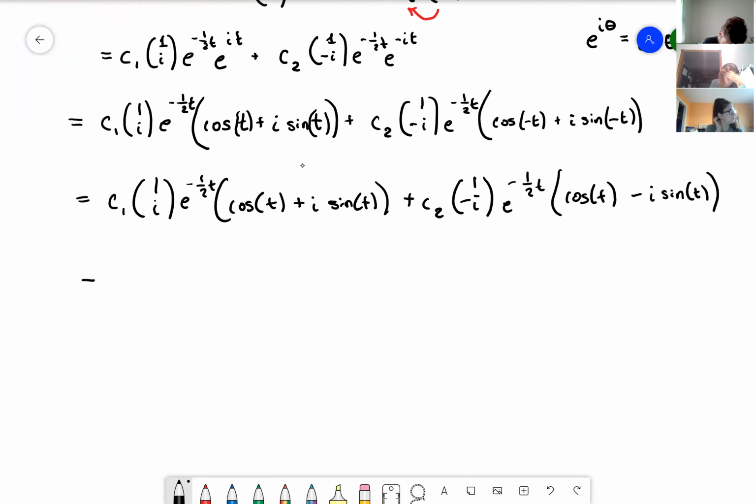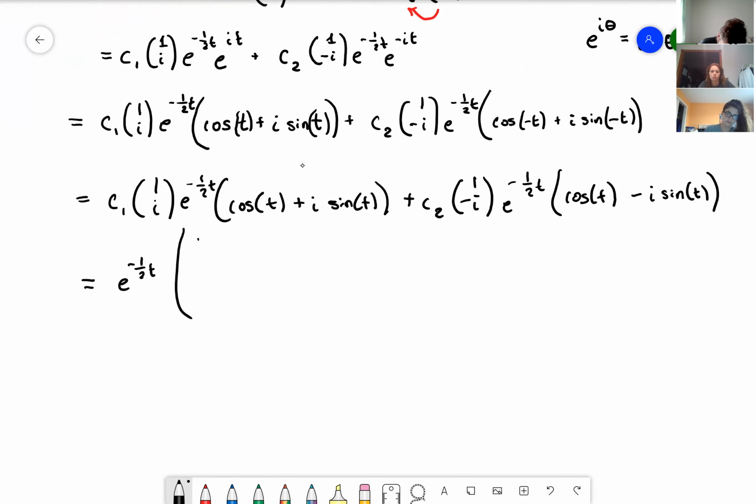Now, what I'm going to do is factor e to the minus 1/2 t out of the whole thing. And then I'm going to write this as one big vector.